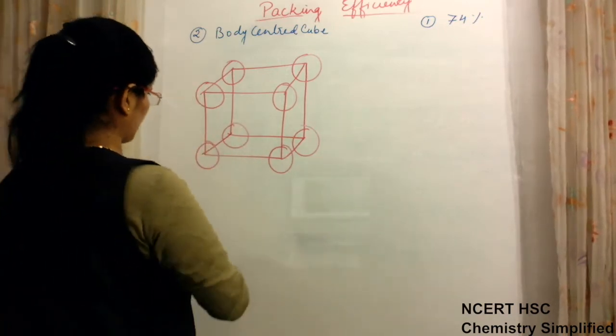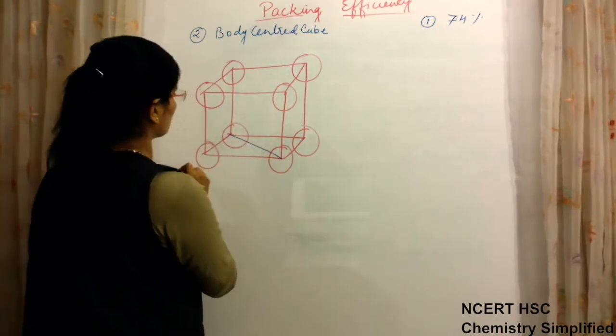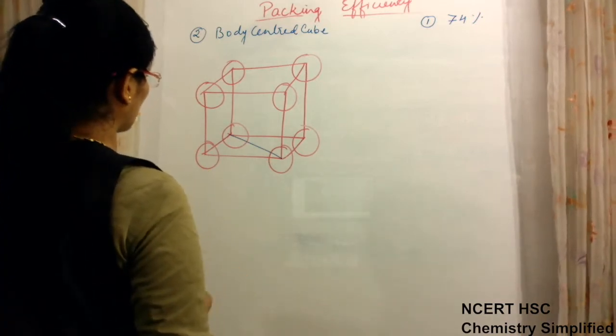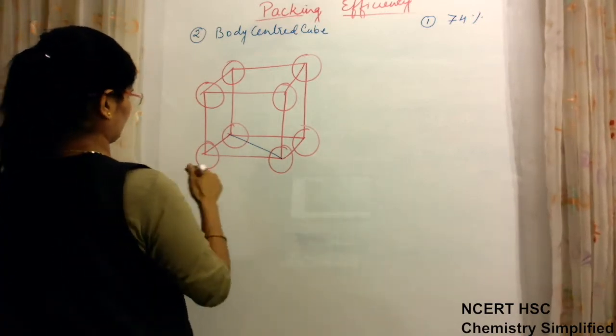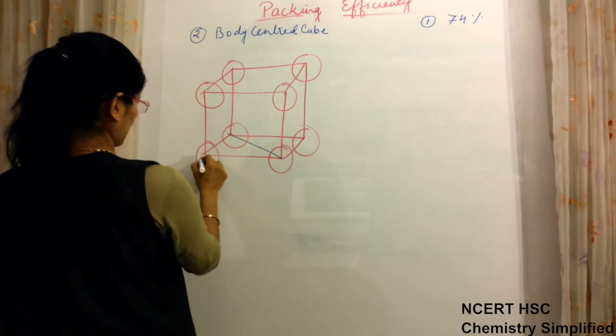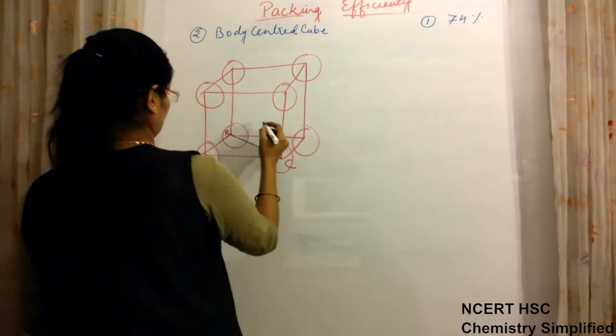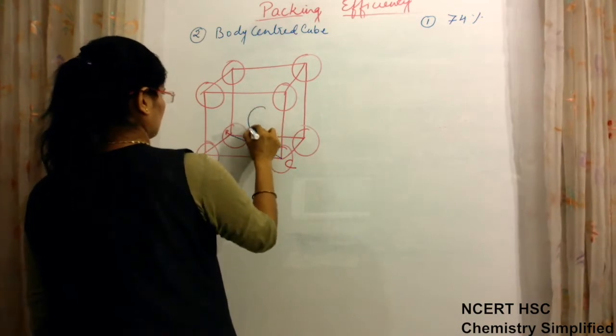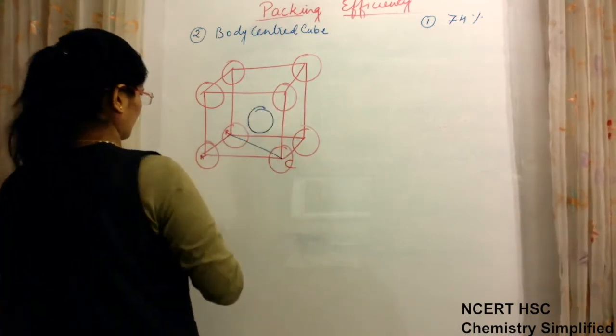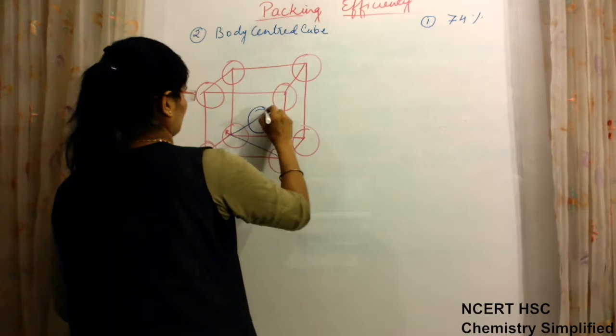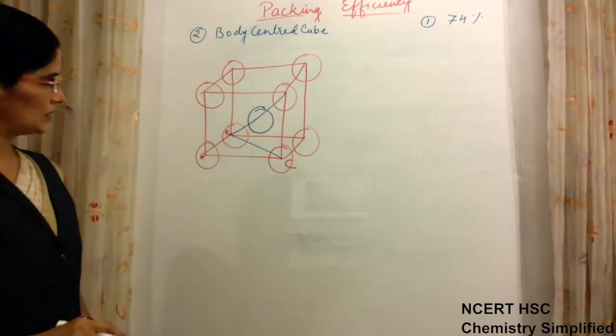One triangle we require on the side, and taking into consideration this is A, B, C. Like this.